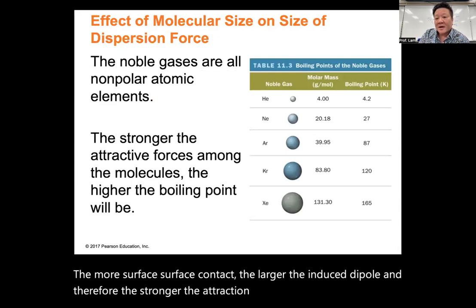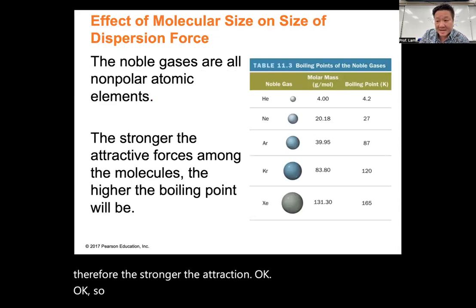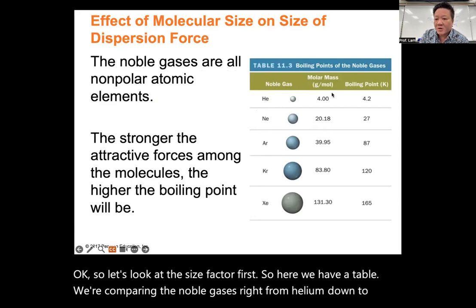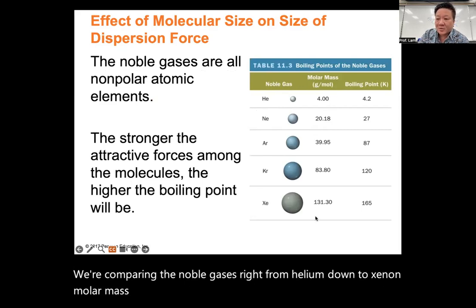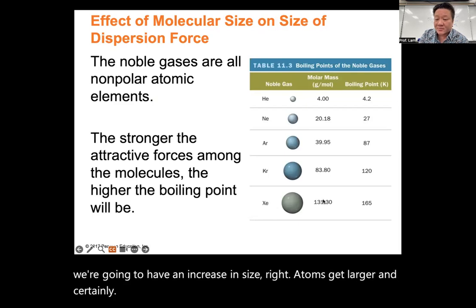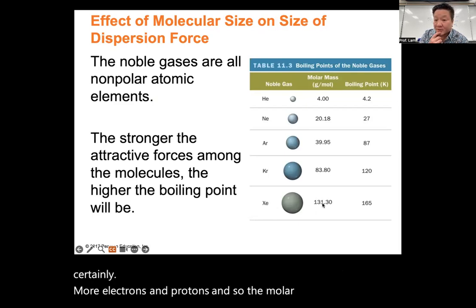Okay, so let's look at the size factor first. Here we have a table comparing the noble gases, from helium down to xenon. Molar mass are right here. We know that as we go down a group, we're going to have an increase in size. Atoms get larger, with more electrons and protons, and so the molar mass also gets bigger, okay?